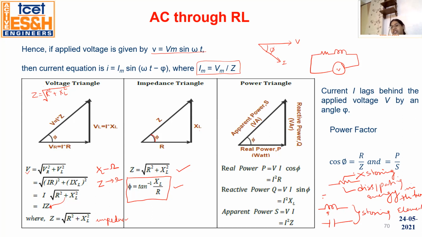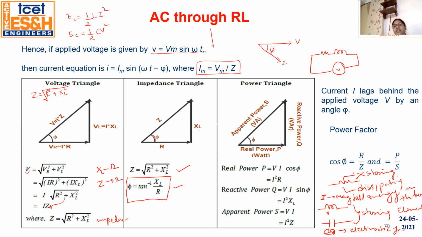Inductor stores its energy in the form of current in a magnetic field, whereas capacitor stores the energy in the form of charge in an electrostatic field. The magnitude of energy in the inductor is EL equal to half L i square, whereas energy for the capacitor is half C V square.